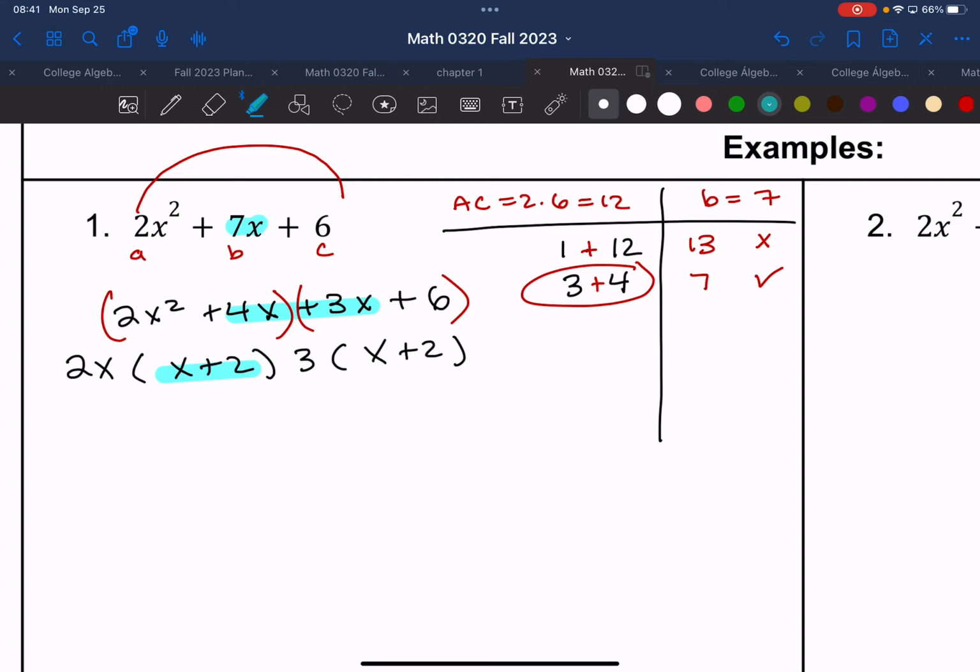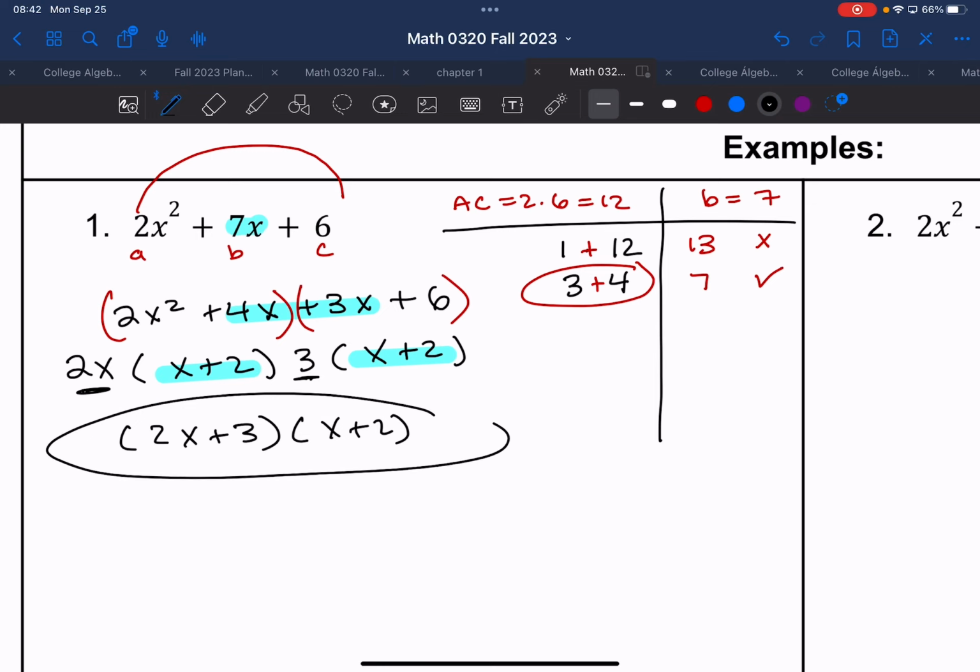These parentheses have to be what? The same. If they're not the same, what does that mean? You did something wrong. Your math's wrong somewhere. These have to be the same. So that means my answer here is 2x plus 3, everything that was on the outside, and then that x plus 2. That is my factor.